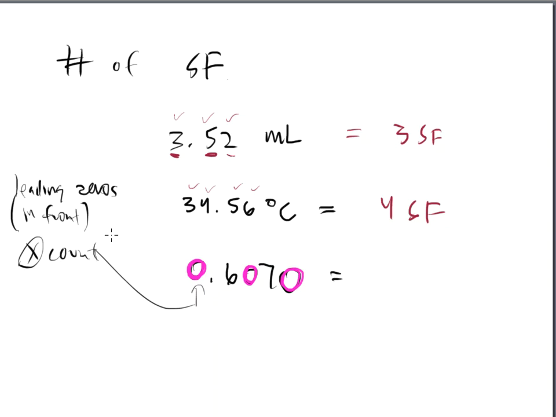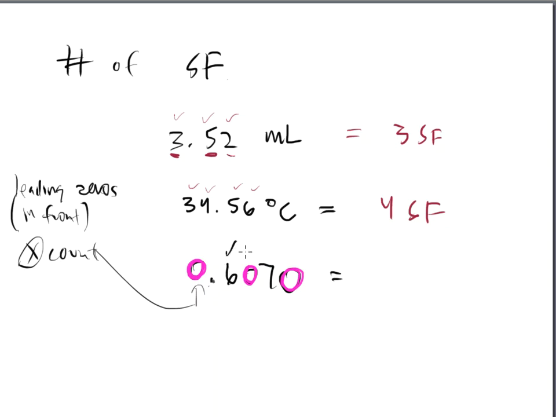Now, this number has a decimal place, which means that there's a set of rules that we go by. If you get a decimal, then you count the first non-zero digit after the leading zeros, the 6.